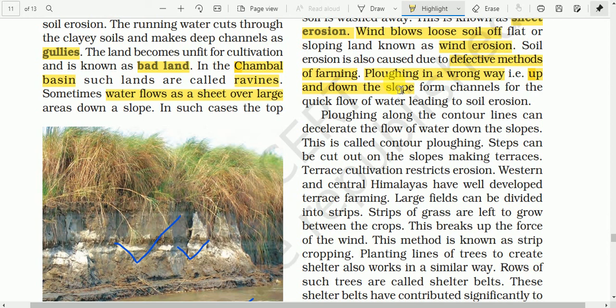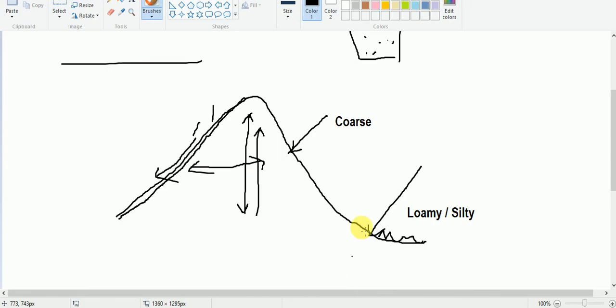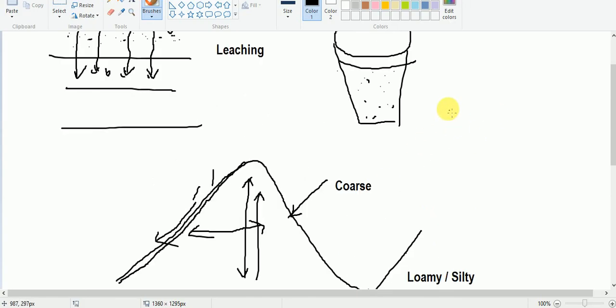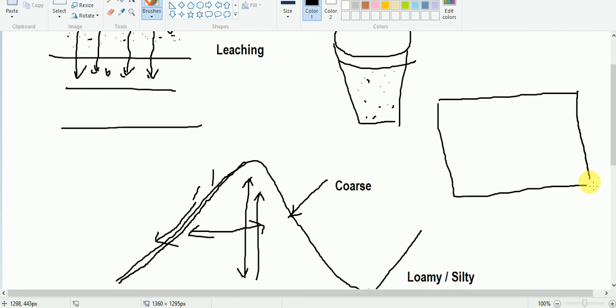The next step is about how we can check soil erosion. Before we proceed, one more wrong method of farming is in the case of irrigation. For example, this is your plot of land, you are doing irrigation, and here we have these bunds, different compartments.